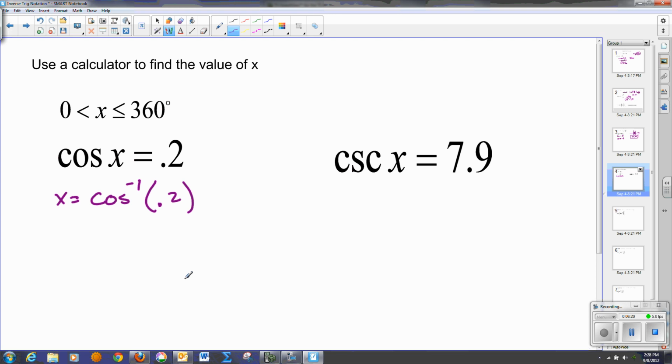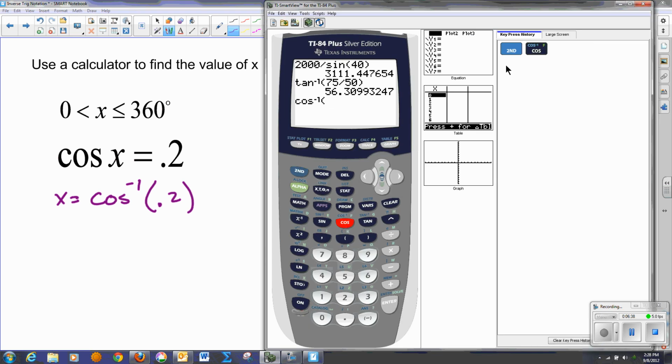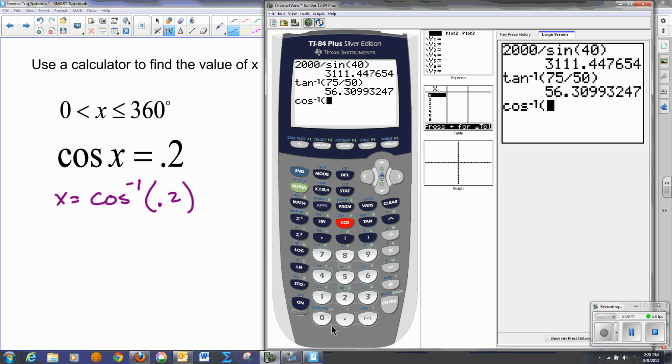This problem's not a big deal at all because we can just go to our calculator and say, all right, I want to know the inverse cosine of 0.2. And as long as I'm in degree mode, I'm all good. So that gets me about 78 degrees.